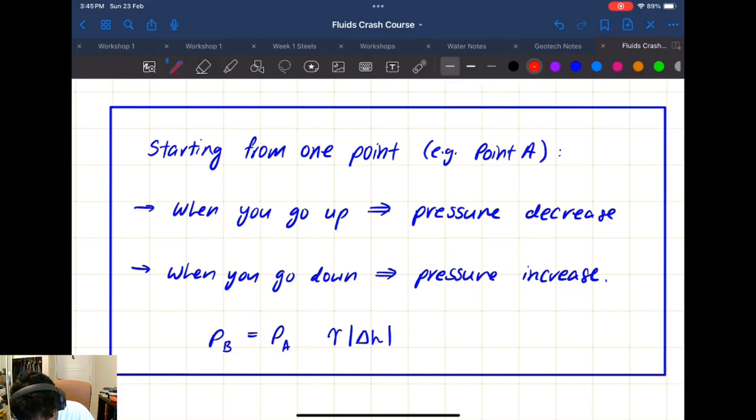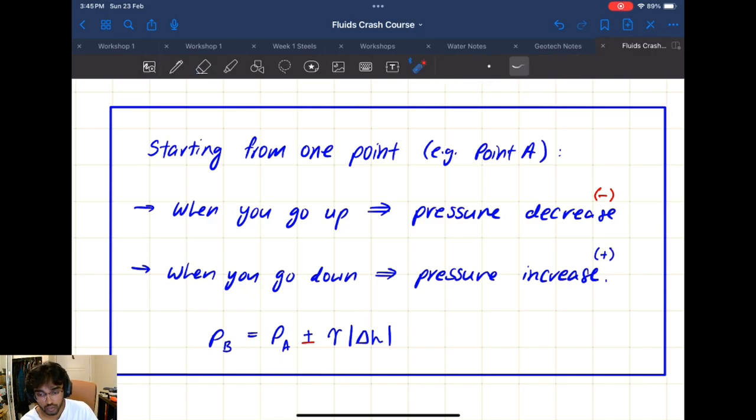I'll say plus is this, minus is this, right? Plus minus. And the formula for it we know is the unit weight of the fluid times the height difference. Right? So pressure decrease, you take it as a minus. Pressure increase, you take it as a plus.